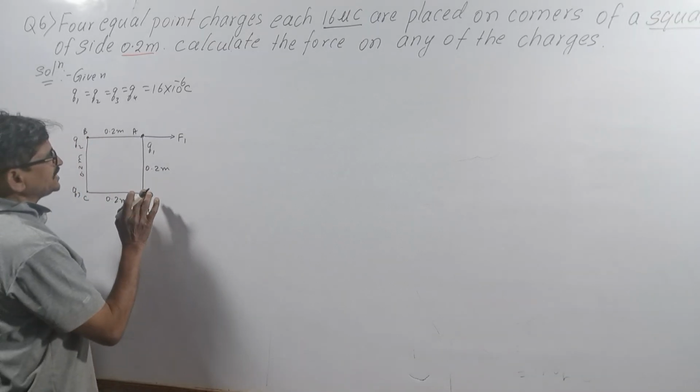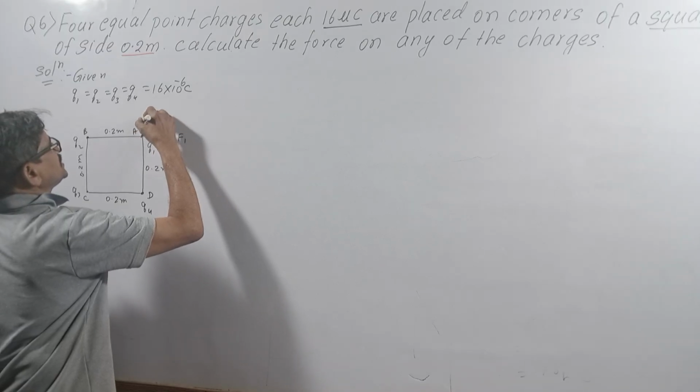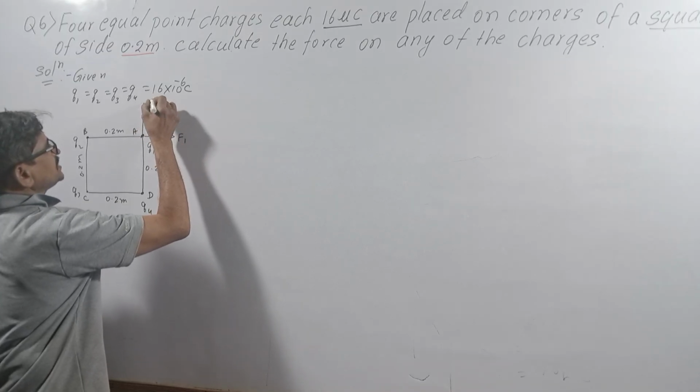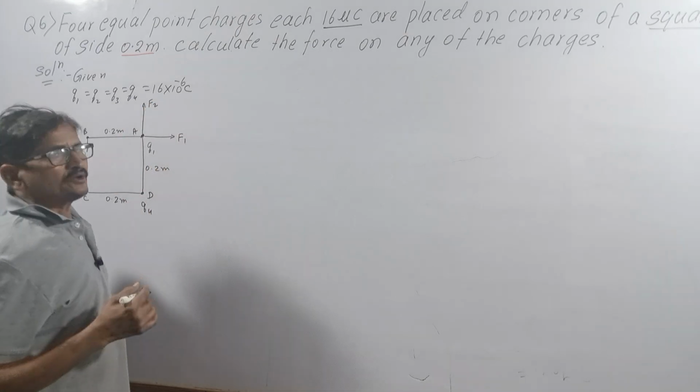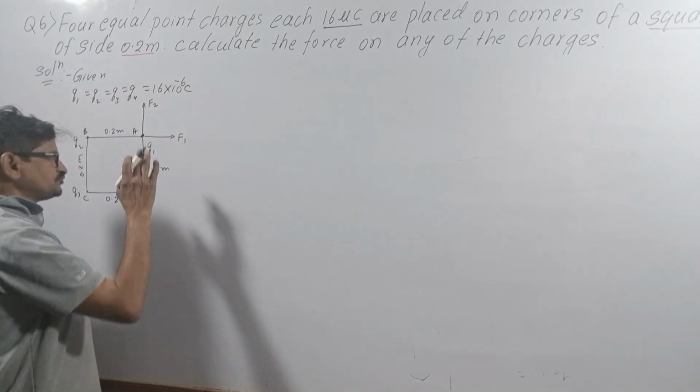That's why you find the force due to D on A. This is also repulsive because both are positive. This I am taking as F2. See, these two are perpendicular. First you find these two.